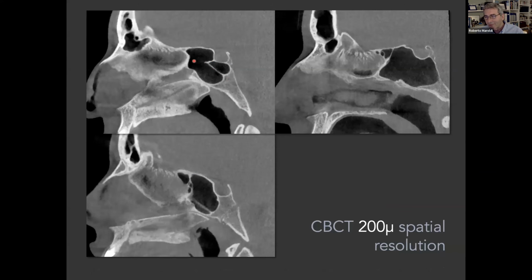In the midline, for example, the cone beam with 200 microns resolution is being able to demonstrate all those tiny channels that provide a passage for the olfactory fila from the bulb inside the olfactory epithelium. And these can be recognized with this type of imaging.